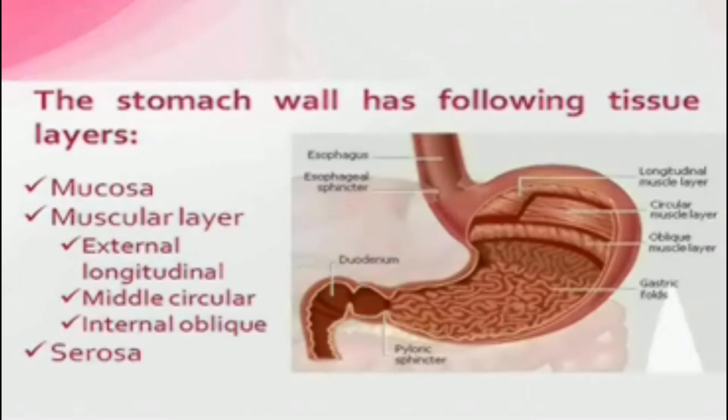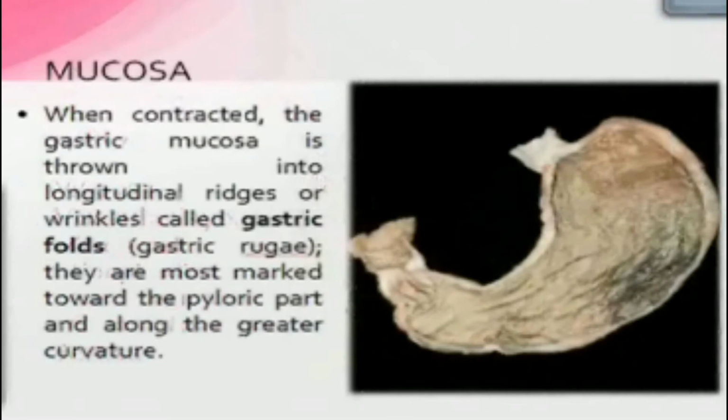The stomach wall has the following tissue layers: mucosa, muscular layer, and serosa. The muscular layer consists of an external longitudinal layer, middle circular layer, and internal oblique layer. When contracted, the gastric mucosa is thrown into longitudinal ridges or wrinkles, called gastric folds.